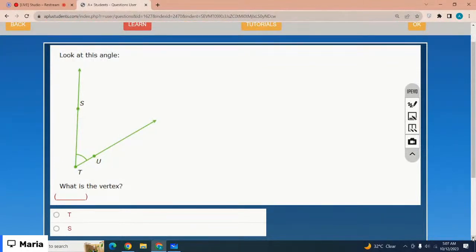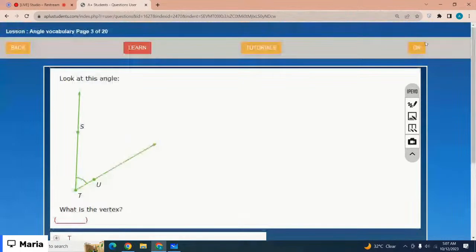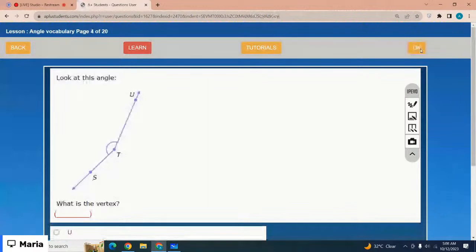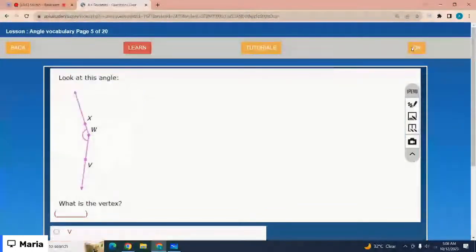The correct option is T. Look at this angle. What is the vertex? T is the vertex, right? Okay, you can complete the lesson by yourself later today.